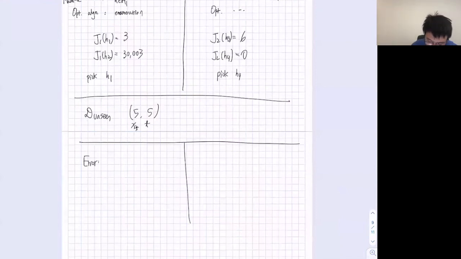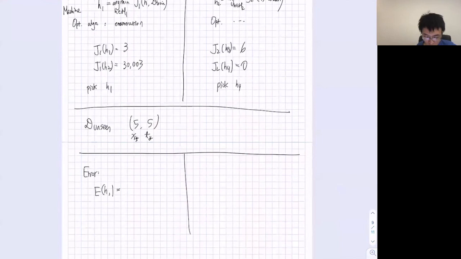So error of H1 on this D unseen, but I can omit D unseen, is, okay, I didn't mention what is error. So I tell you the measure of success, error, is the sum over samples, okay?